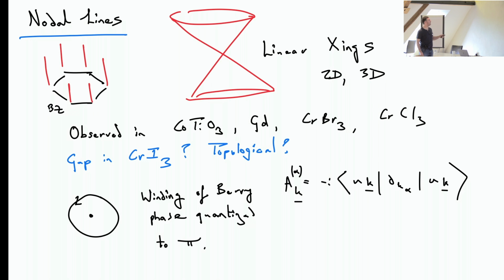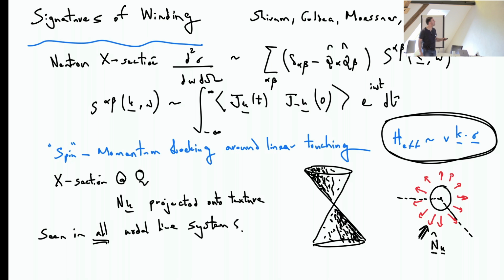So for example, here we might consider linear crossings with nodal lines here, which have now been observed in very many materials. And these have a robust signature of topology. So just seeing them on their own, just a dispersion relation, is less interesting, at least for me, than seeing signatures of winding in the wave function.